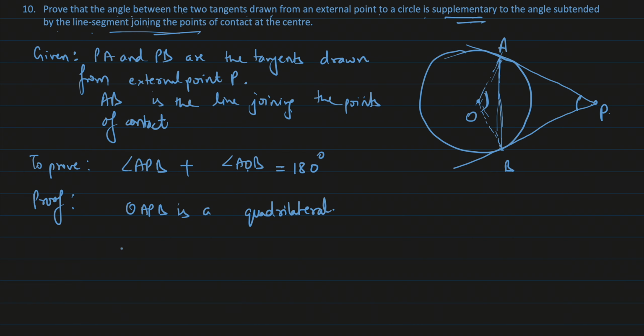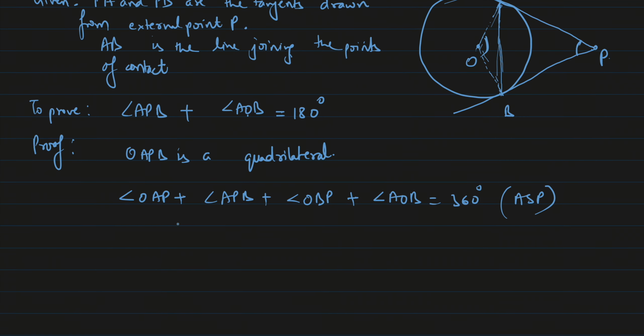In a quadrilateral, angle OAP plus angle APB plus angle OBP plus angle AOB is 360 degree. Angle sum property of a quadrilateral, right students? So OAP we know is 90 degree. This is also 90 degree.